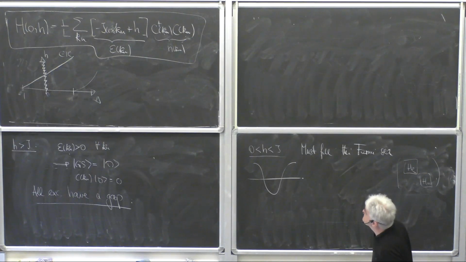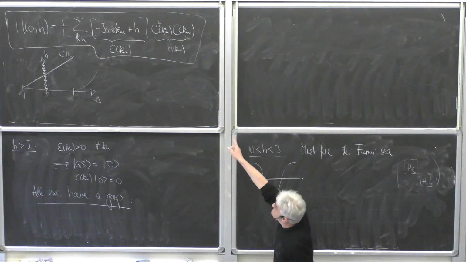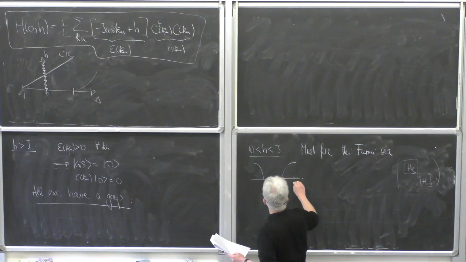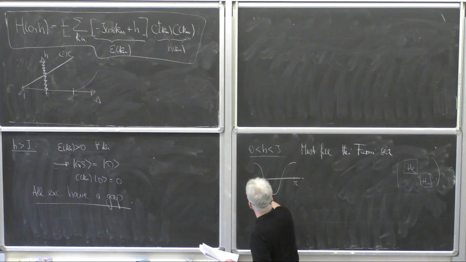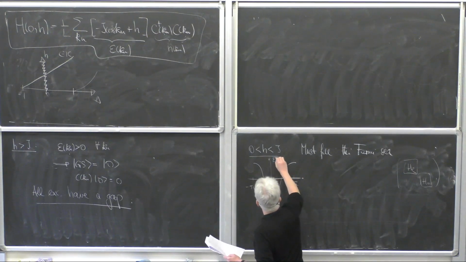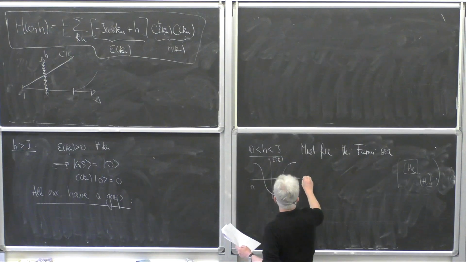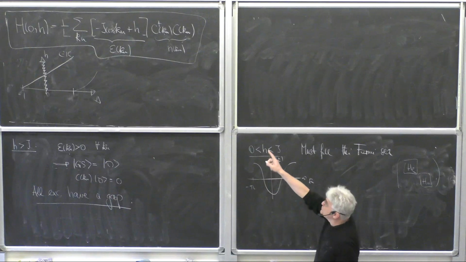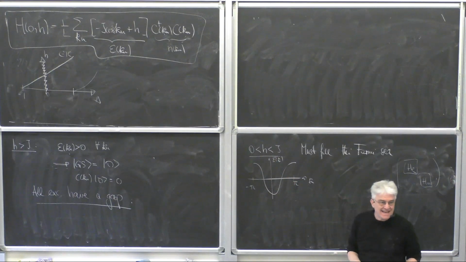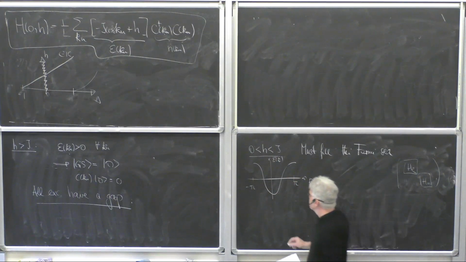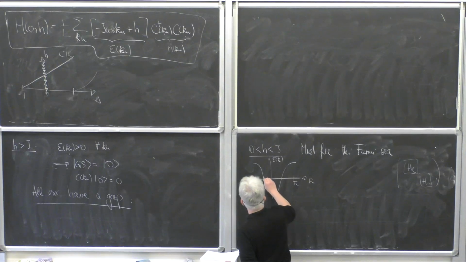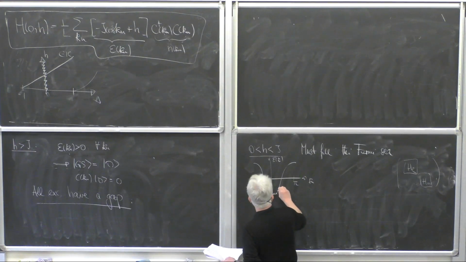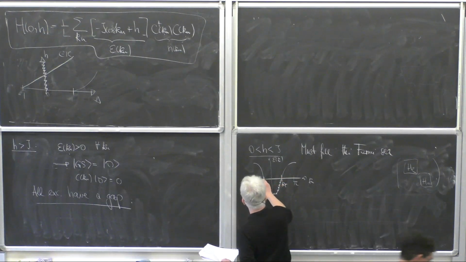This might be pi, this might be minus pi, here would be epsilon of k, this would be k, and I have to fill all negative energy states, that gives me the ground state, and the negative energy states occur here, and I have to fill between what I call kF and minus kF.